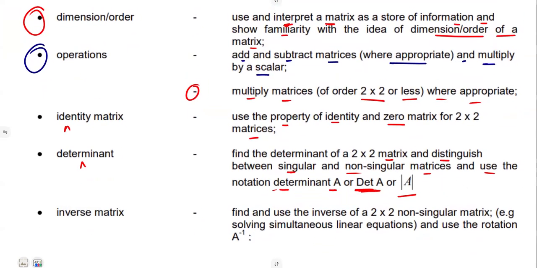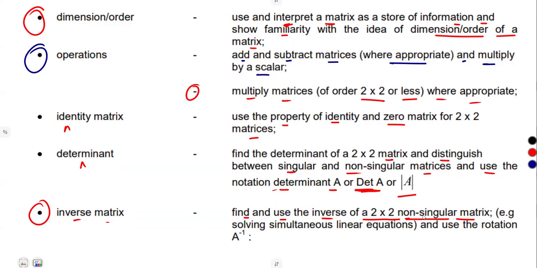We are going to apply them and also to determine the inverse matrix, that is, find and use the inverse of a 2 by 2 non-singular matrix. Remember, we have got two types, singular and non-singular. Where we consider the inverse, it is on the non-singular, the reason being a singular matrix has no inverse.